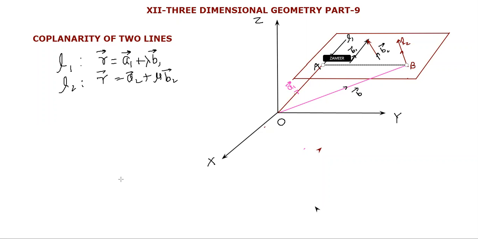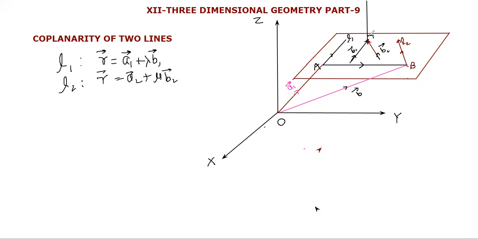This is the vector joining points A and B. Now one important thing that I am going to discuss: b1 cross b2 is represented by the vector which is perpendicular to both the vectors. If we draw a vector perpendicular to both these vectors, it is perpendicular to both.